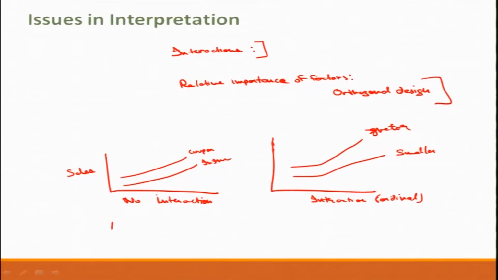Then we have disordinal interaction also. This is the interaction, for instance, if it is like this one. See, this is increasing.